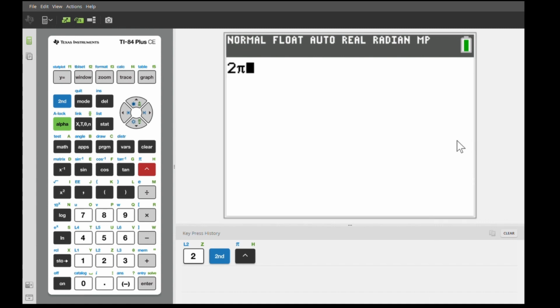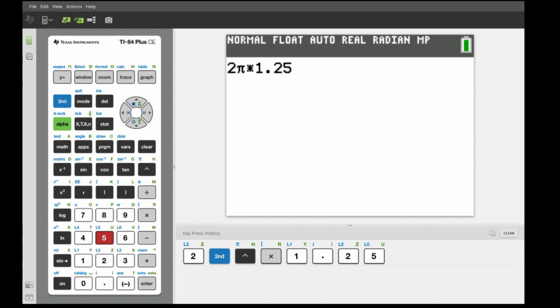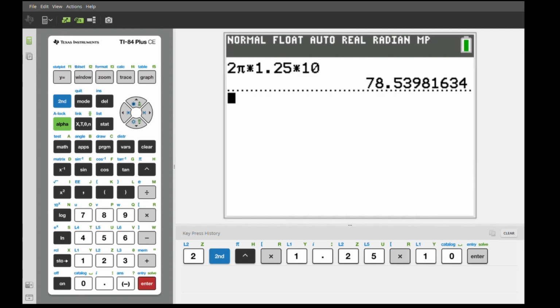That's going to give me the pi symbol in my calculator. 2 pi times 1.25 times 10, that's going to give us 78.539. Let's round to just 2 decimal places, so this 9 is going to round this 3 up to a 4, so 78.54, and let me check my notes, that is indeed what we had there, okay.